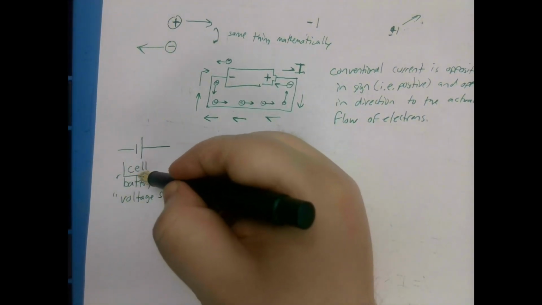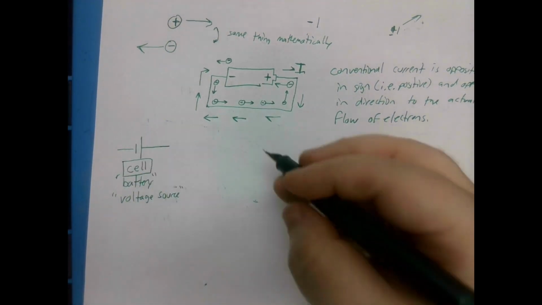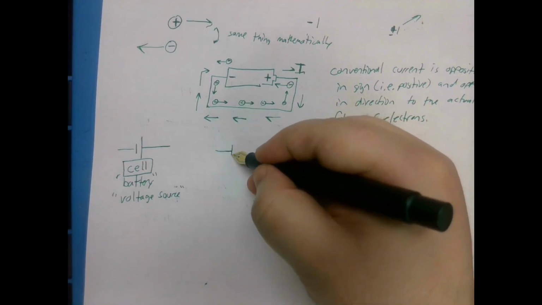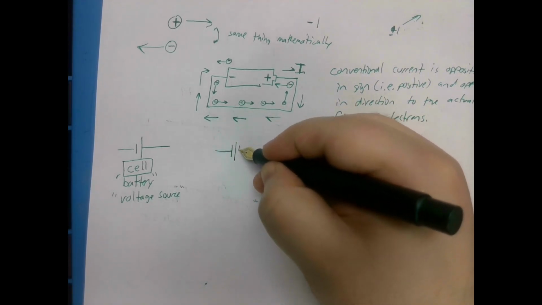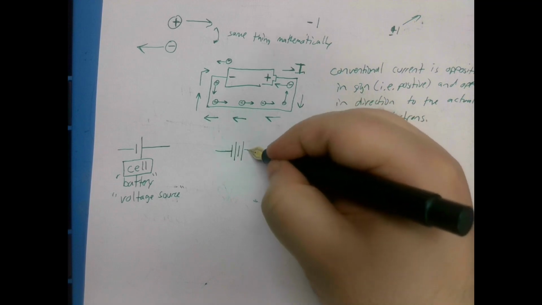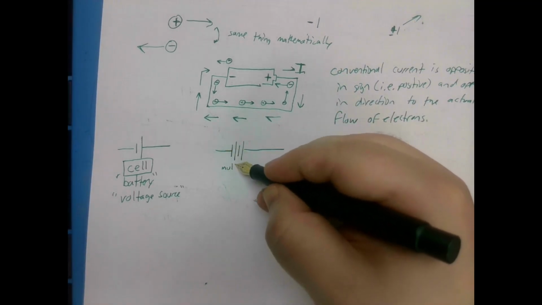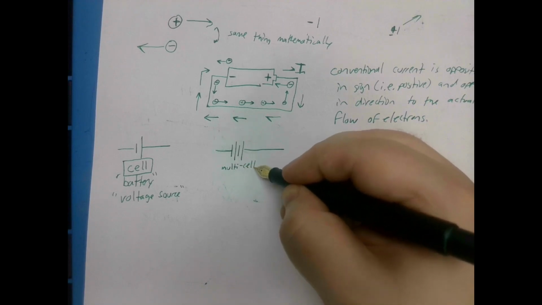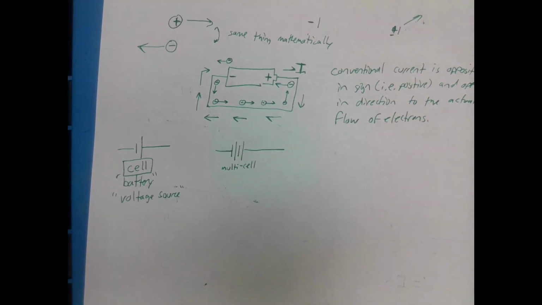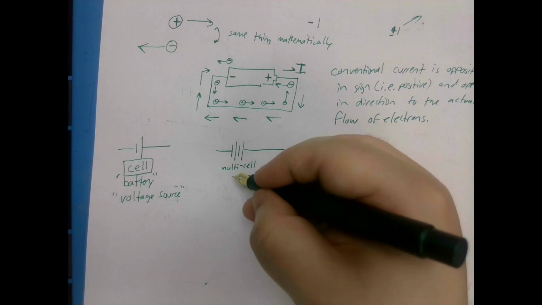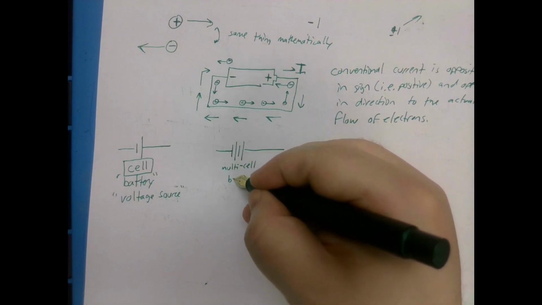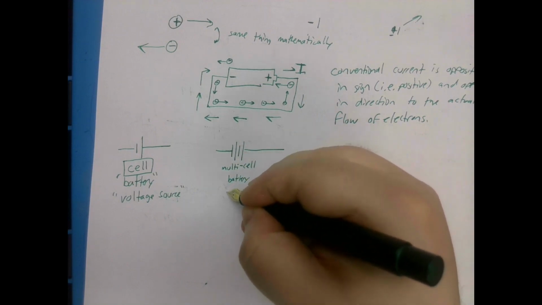The proper name is cell. This would be a multi-cell. It's just two cells put together. It's also a battery and a voltage source.